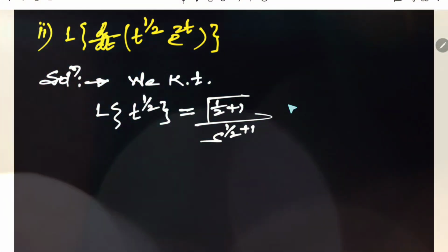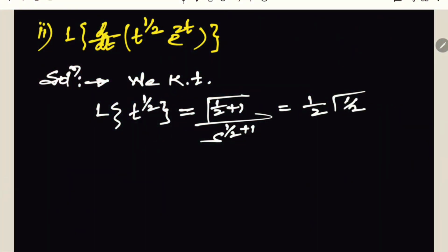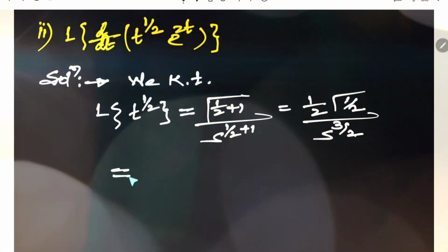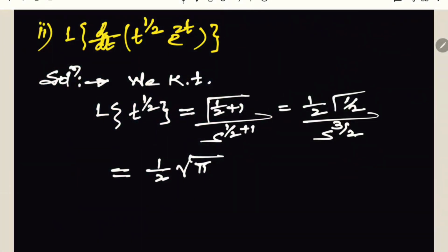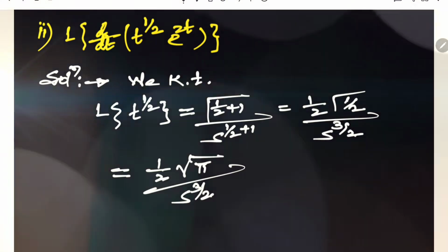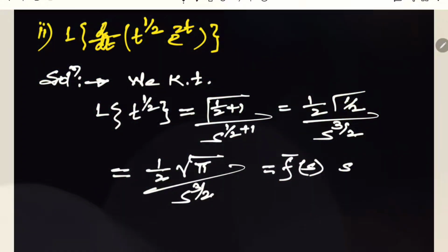As per that, it is gamma 1 by 2 plus 1 divided by s raised to 1 by 2 plus 1. Gamma n plus 1 is n gamma n, therefore it is 1 by 2 gamma 1 by 2 divided by s raised to 3 by 2. Gamma 1 by 2 is root pi, therefore root pi into 1 by 2 and whole divided by s raised to 3 by 2. And we call this f bar of s.